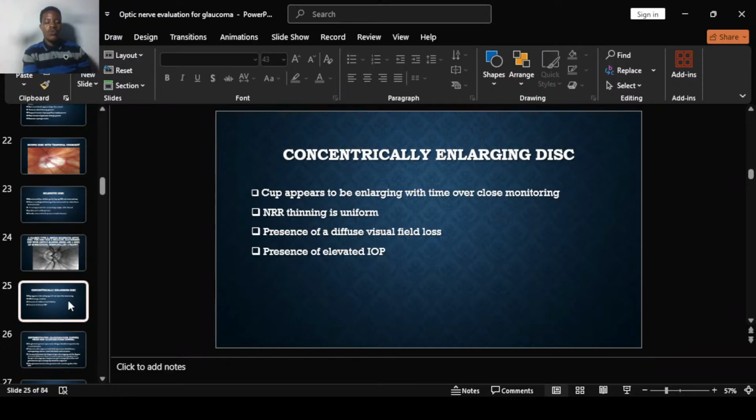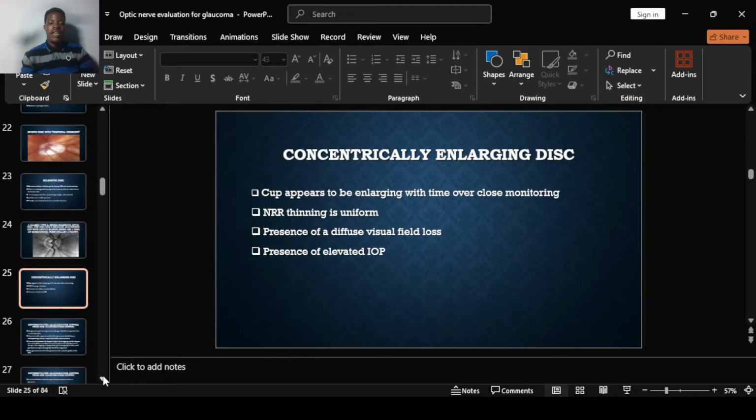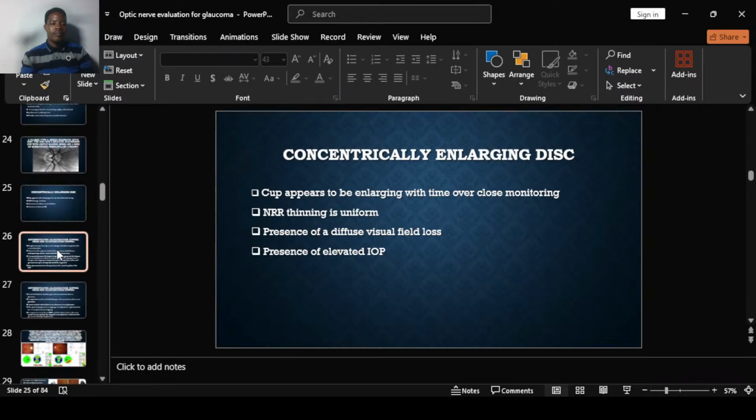So it's not that we see maybe 0.6 today and next month we are seeing 0.8. That is not glaucoma. Then the neuroretinal thinning is uniform, and there's presence of a diffuse visual field loss and elevated intraocular pressure in the concentrically enlarging disc.